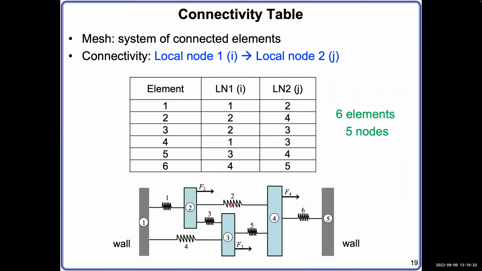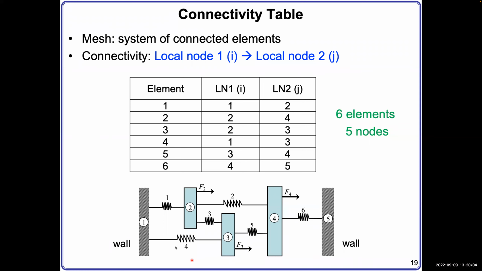So the second row, spring number 2, which is also called element 2, has node number 2 on the left-hand side, and then node number 4 on the right-hand side. Element number 3 is connected to node number 2 on the left, node number 3 on the right. So 3, 2, 3.